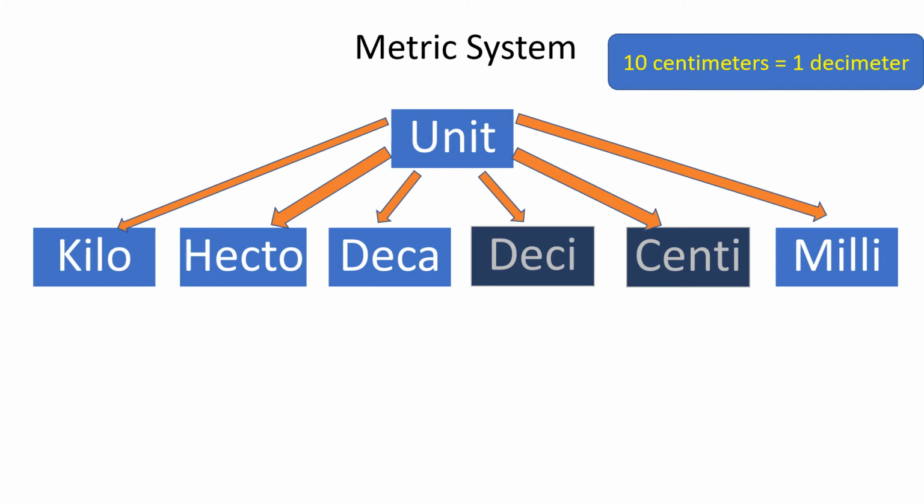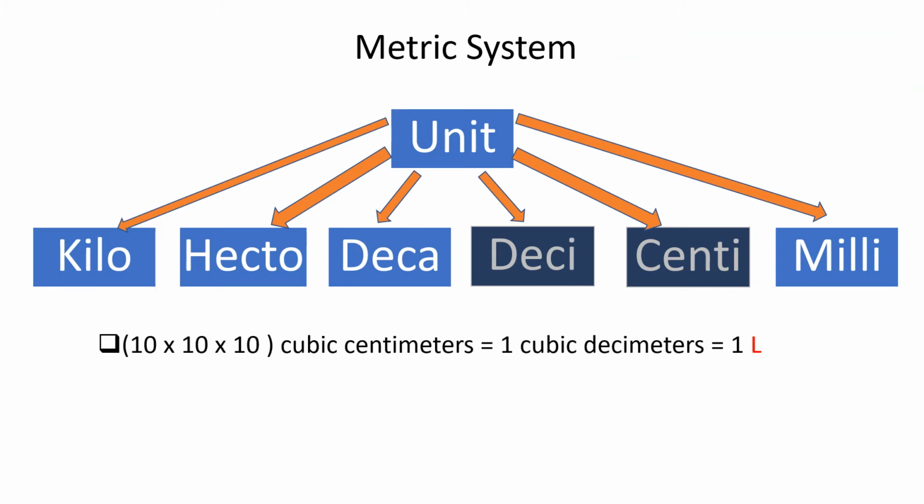Now in terms of volume, when you want to go from centi to deci, as volume is three dimensional, you multiply three tens, not one. So 10 times 10 times 10 cubic centimeters is actually 1 cubic decimeter. That's what I'm trying to tell you.